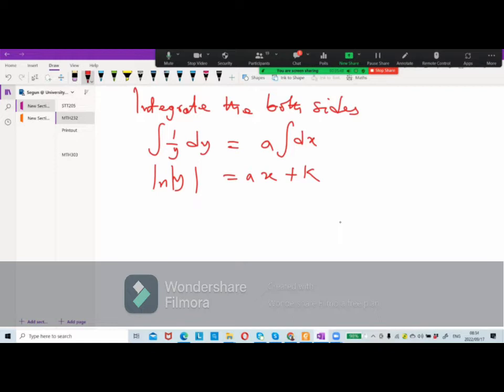So we can take exponential of both sides.